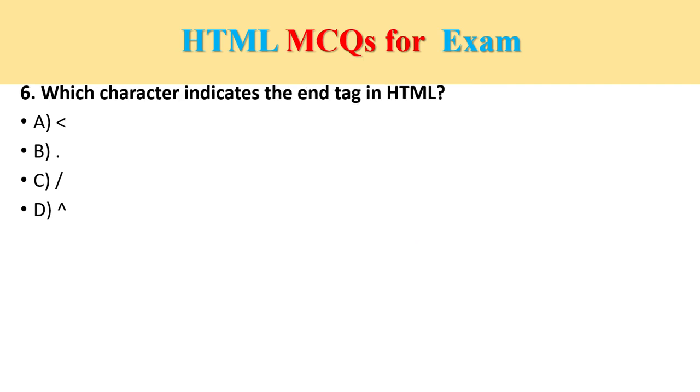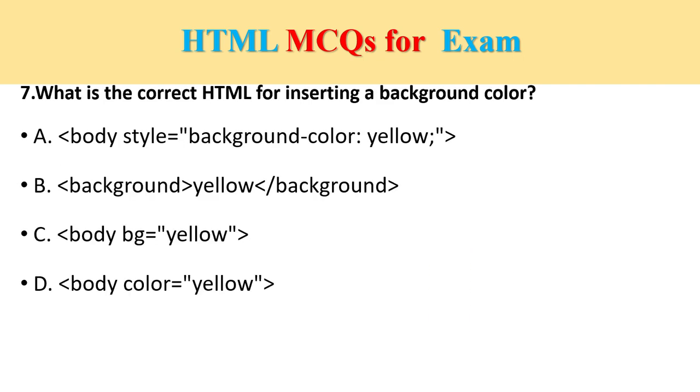6, which character indicates the end tag in HTML? For every HTML tag, the forward slash is the ending tag. 7, which is the correct HTML for inserting background color?